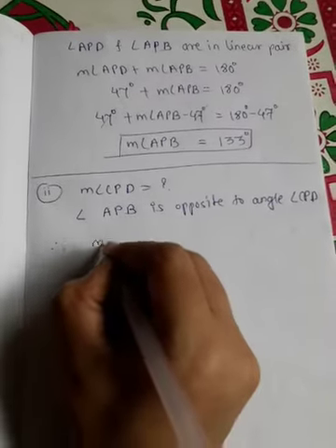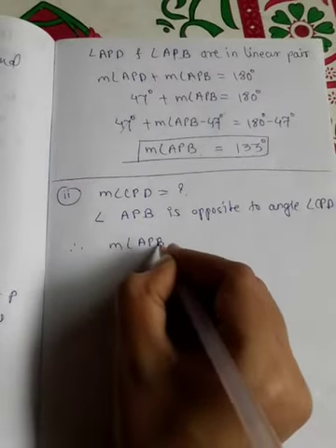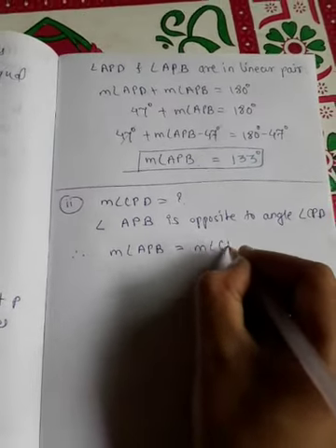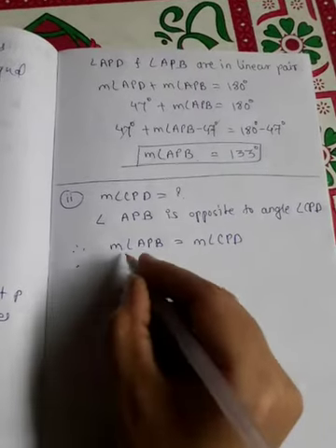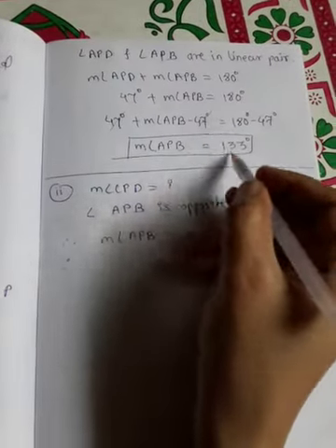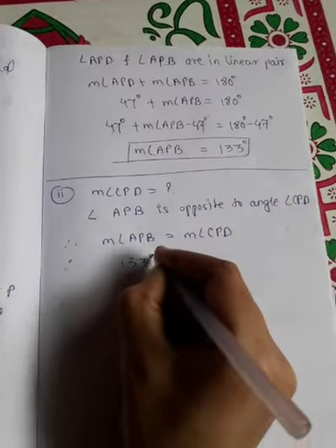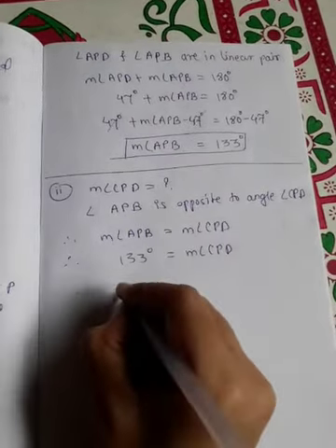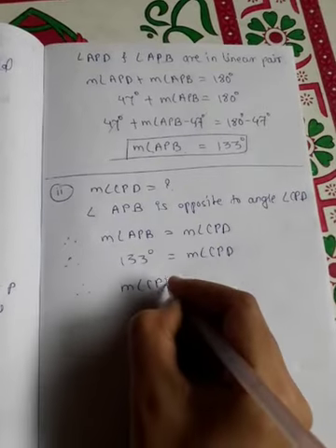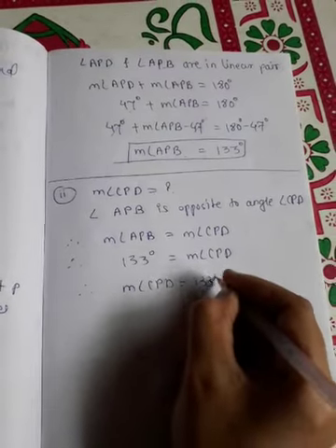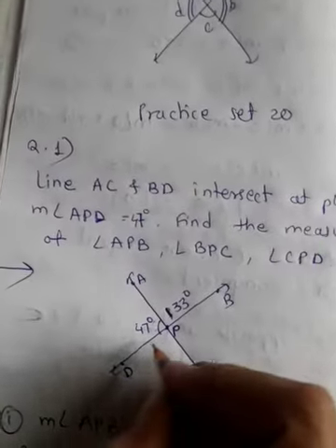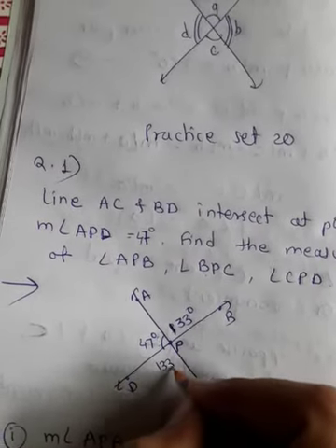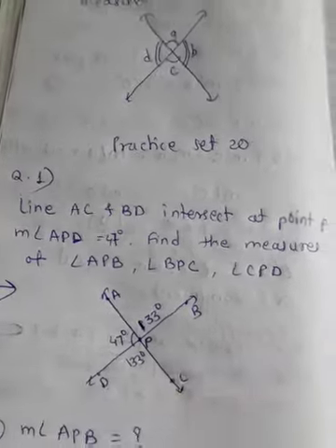Therefore, the measure of angle APB is equal to the measure of angle CPD, and we know the measure of angle APB is 133 degrees. That is equal to the measure of angle CPD. So we have got the measure of angle CPD is equal to 133 degrees. See, opposite angles are of equal measure.